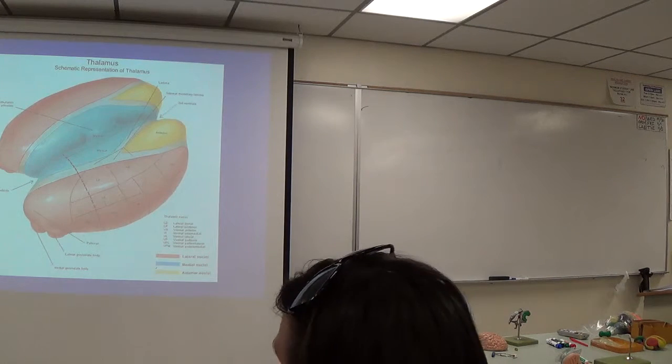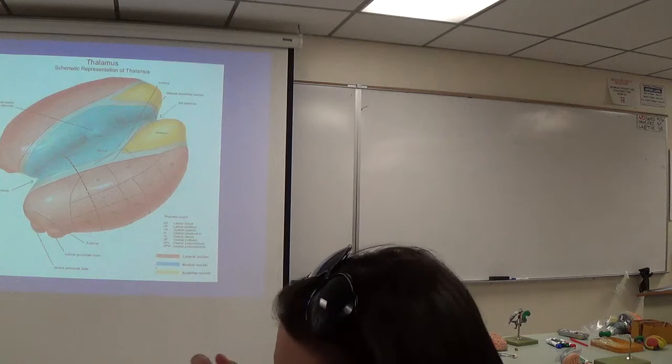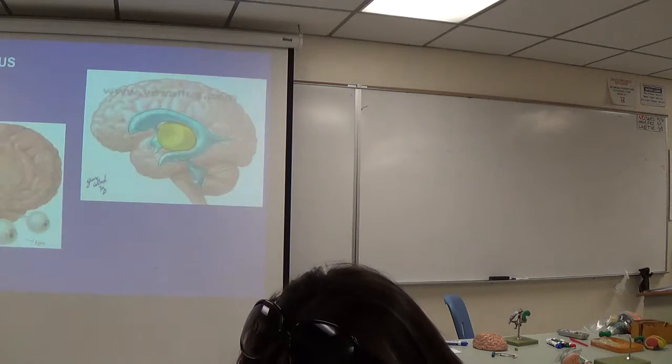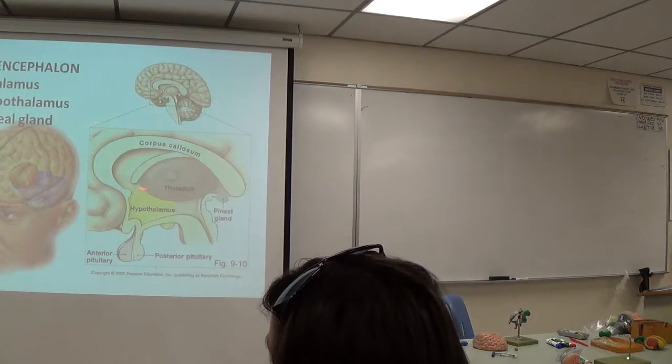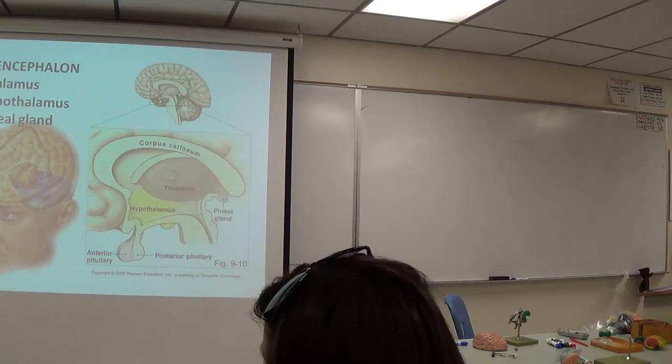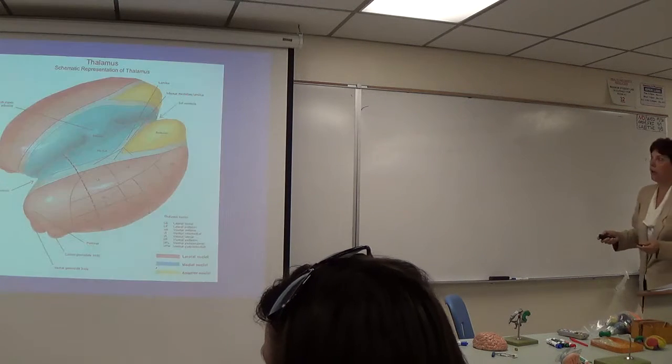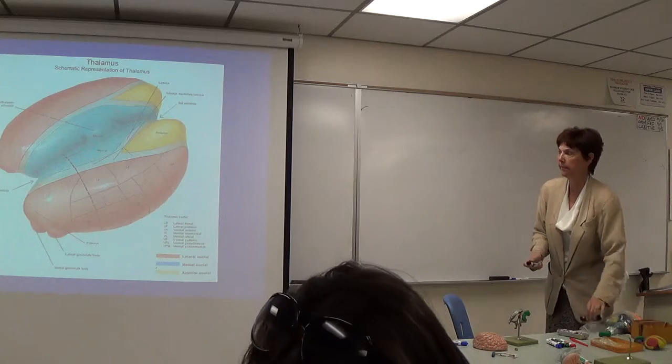Now, when we see it in that midline, a lot of students, including myself, for years I thought that this little round disc was just the thalamus. It's more like two walnut halves. All right, it actually becomes a bit larger posteriorly.